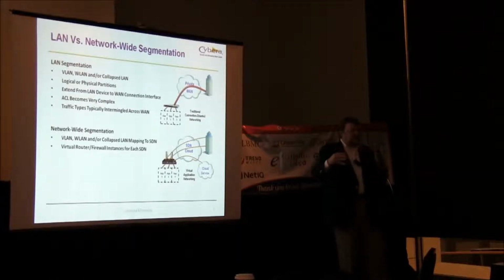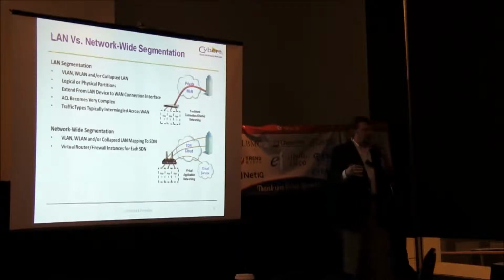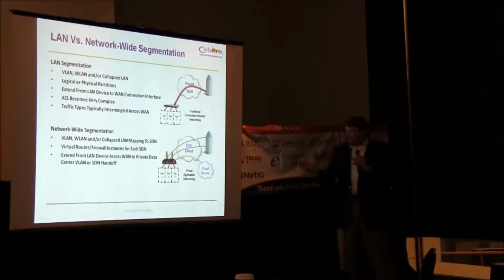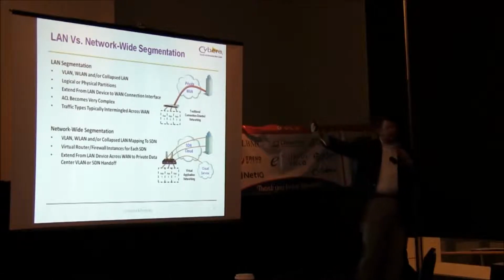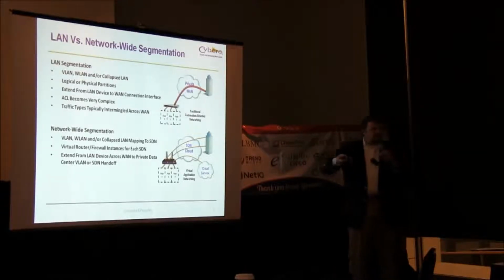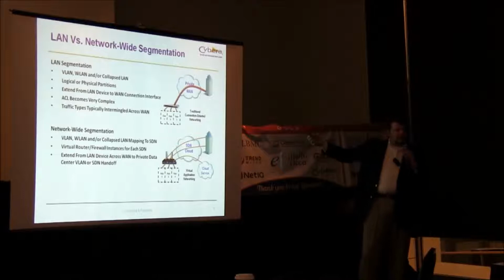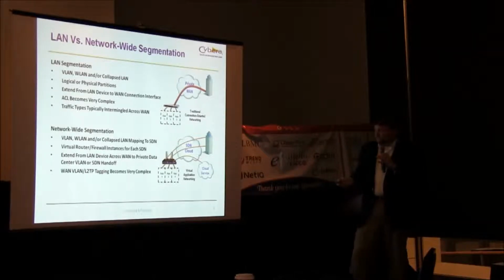It removes that shared ACL, that shared firewall functionality, and it creates virtual instances for every one of these micro networks. And on the other end, it can hand off to another VLAN, or it can have an SDN handoff if it's a data center that's moved SDN at this point, to complete that end connection termination.